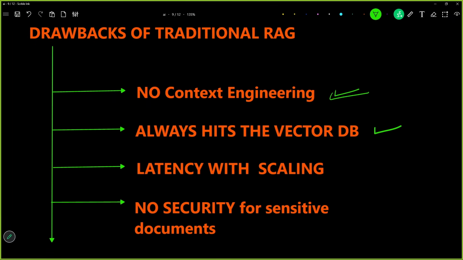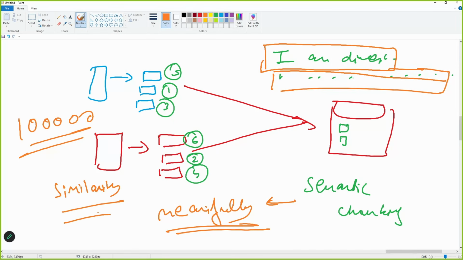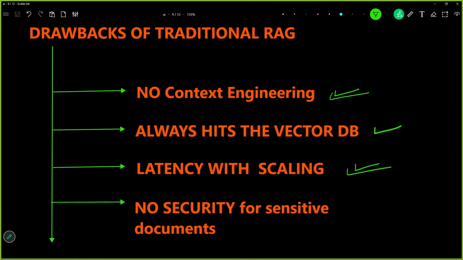All right. The third drawback is latency with scaling. When we go ahead, and these are just 2 documents, when we have 10,000 or 1 lakh documents in our vector database, that time the similarity operation which we will be running will be a little slower. All right. So scaling means increasing or expanding the process.